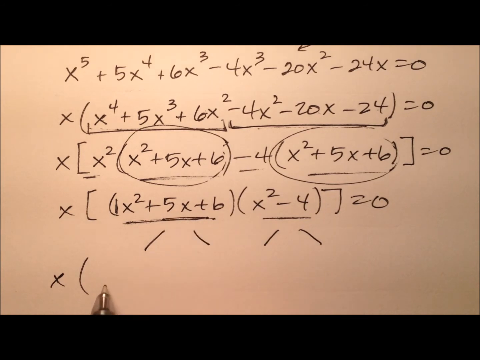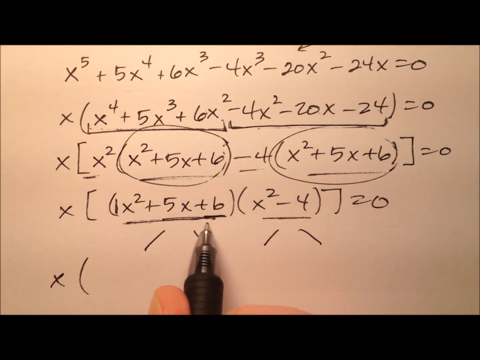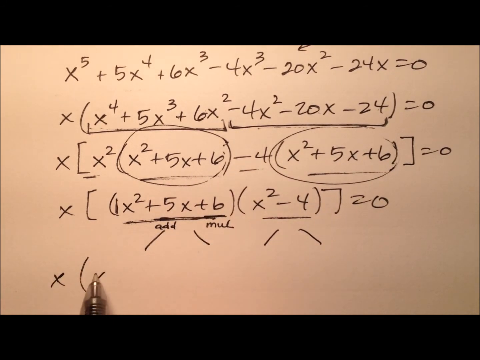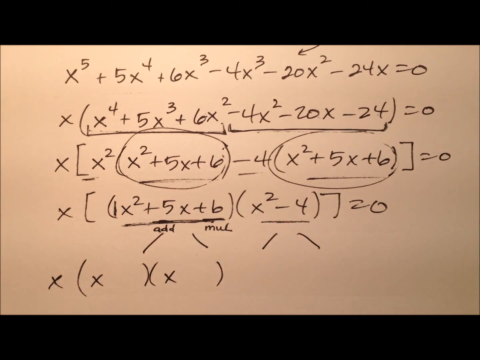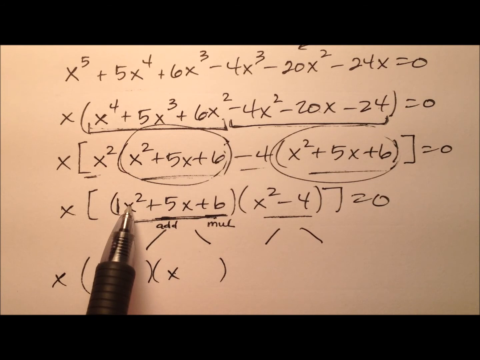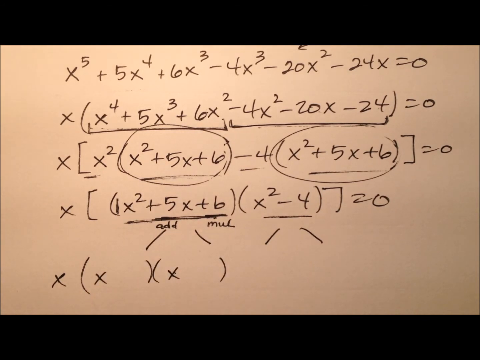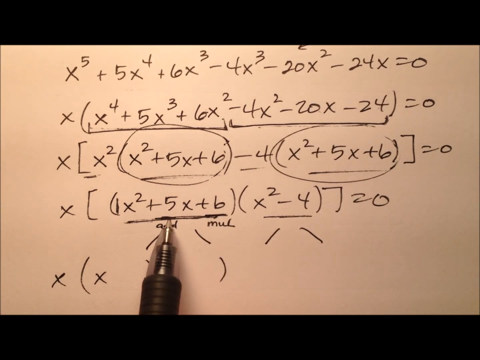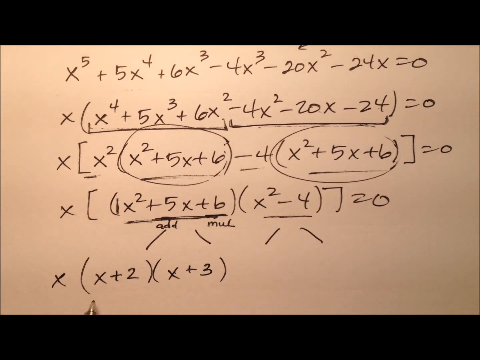So I just need to ask myself, what 2 numbers multiply to make positive 6 that add to make positive 5? And because that leading coefficient is 1, I know the factorization will end up looking like this, because the x times the x makes the x squared, and everything else will fall into line once I have these answers to these questions. So if they multiply to make 6 and add to make 5, seems like that could be a positive 2 and a positive 3. And you can multiply that back out to make sure if you like.